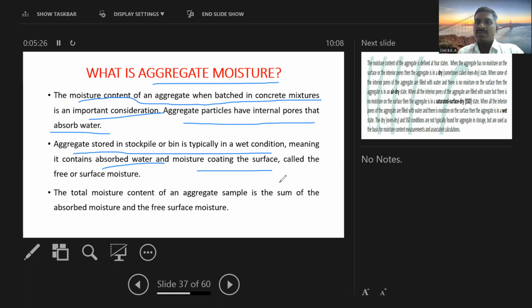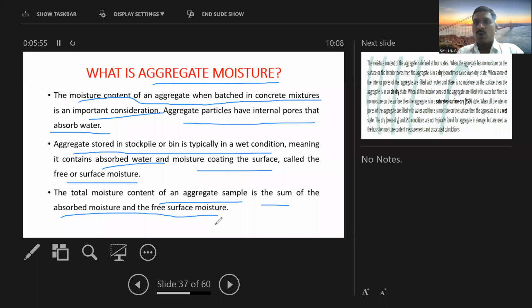The moisture is nothing but a fine layer of water on the surface of the aggregate. That we call free or surface moisture on the aggregate surface. Then the total moisture content in the aggregate is the sum of the absorbed moisture and the free surface moisture.